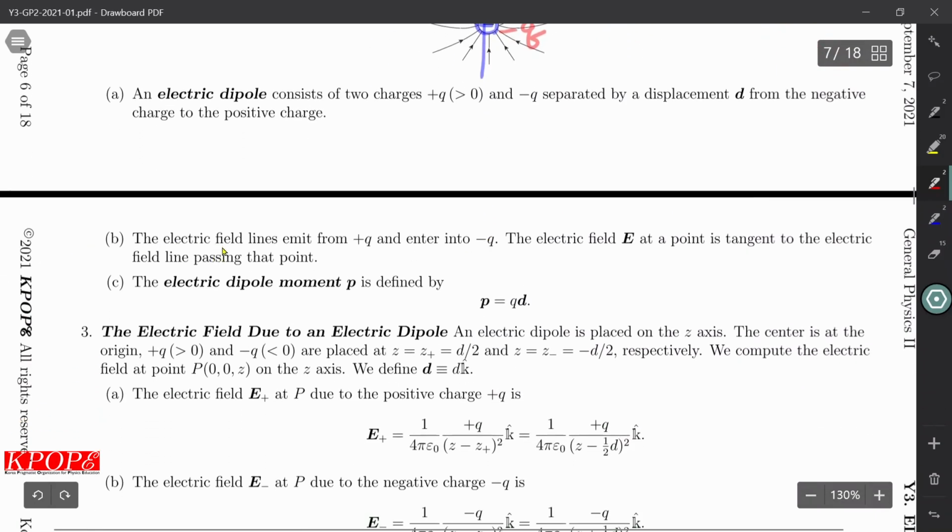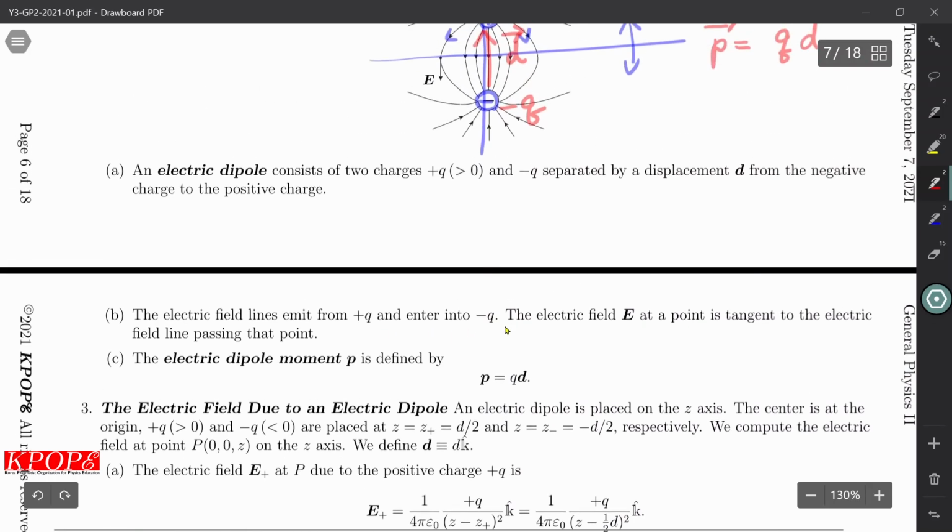The electric field lines emit from plus q and enter into minus q. The electric field E at a point is tangent to the electric field line passing that point. So this is the electric field at this point, O.